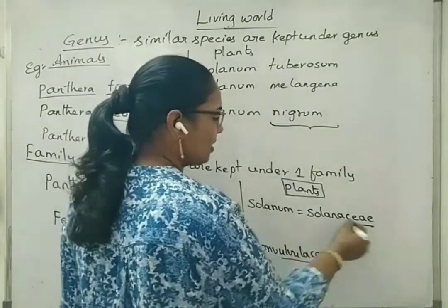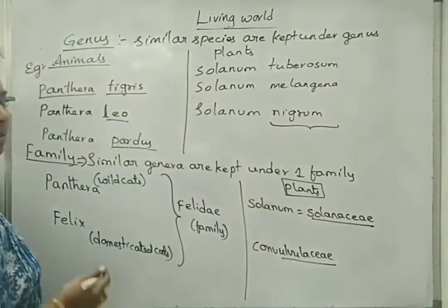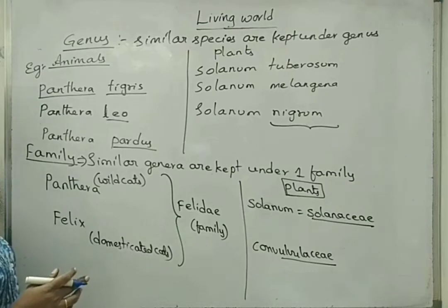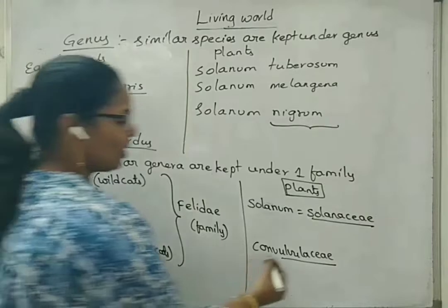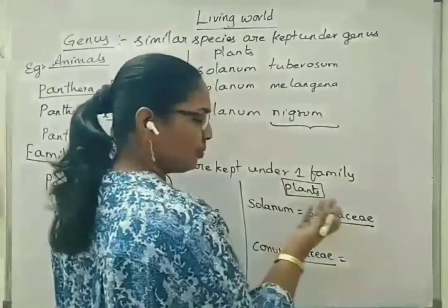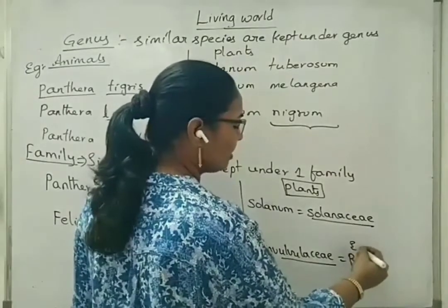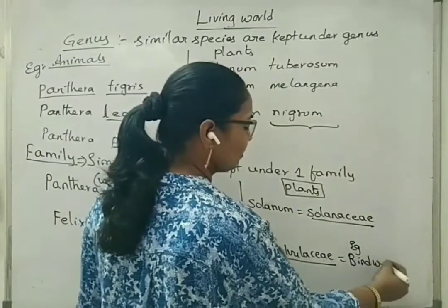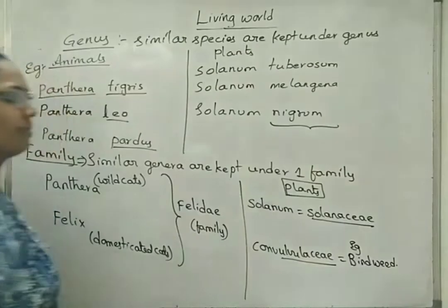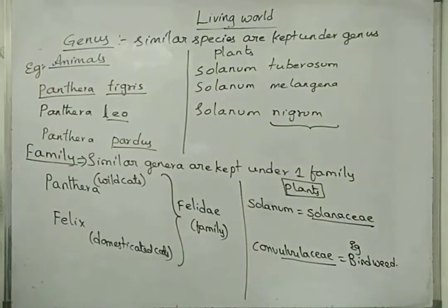So Solanaceae and Convolvulaceae are both considered families. Solanaceae we know, potato, brinjal, datura. But under Convolvulaceae, an example is bindweed. So these are examples of animals here, and those are examples of plants under families.